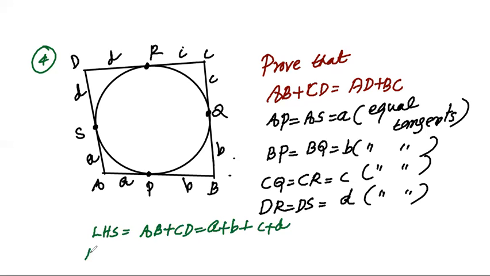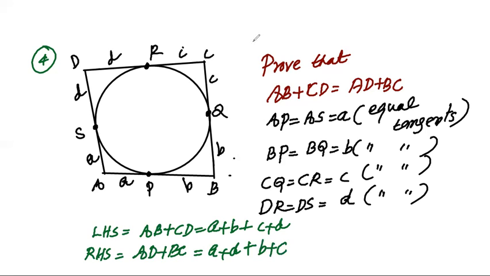Now I'm checking what is the value of RHS. RHS is given as AD plus BC. What is AD? AD means from the figure it is AS plus SD, which is equal to a plus d. Then BC is there, which is BQ plus QC, that is equal to b plus c.